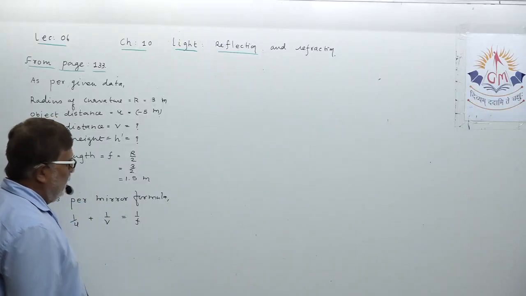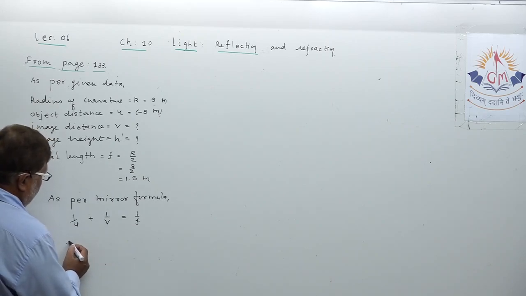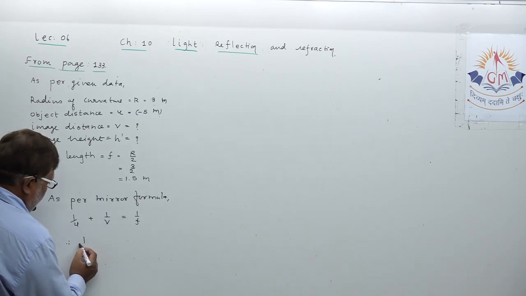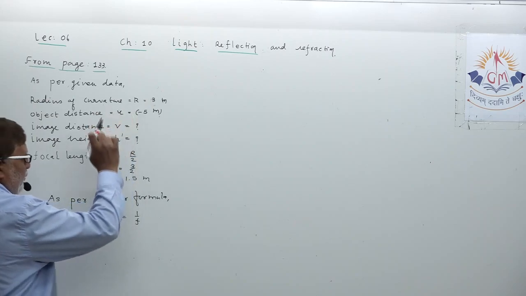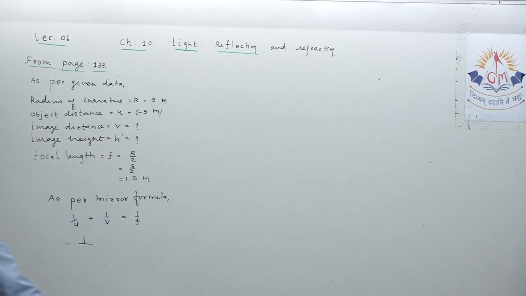Let us substitute the values. 1 upon, what is u? It is resting at a distance of how much? 5 meter, you all know. So first you need to substitute the values correctly.